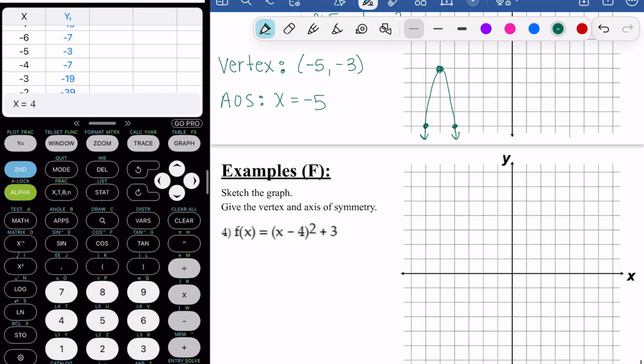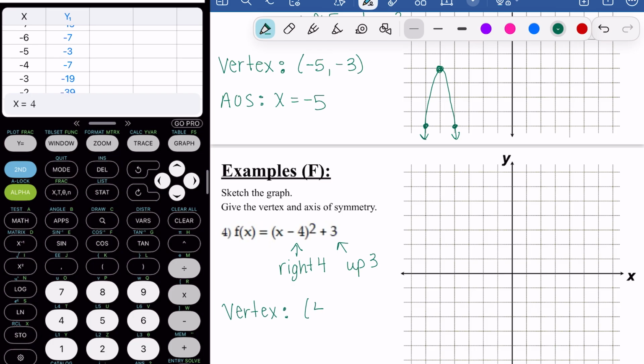All right, last one. So this tells us that I'm going to the right 4, and that means up 3. So my vertex, remember, is h, k.